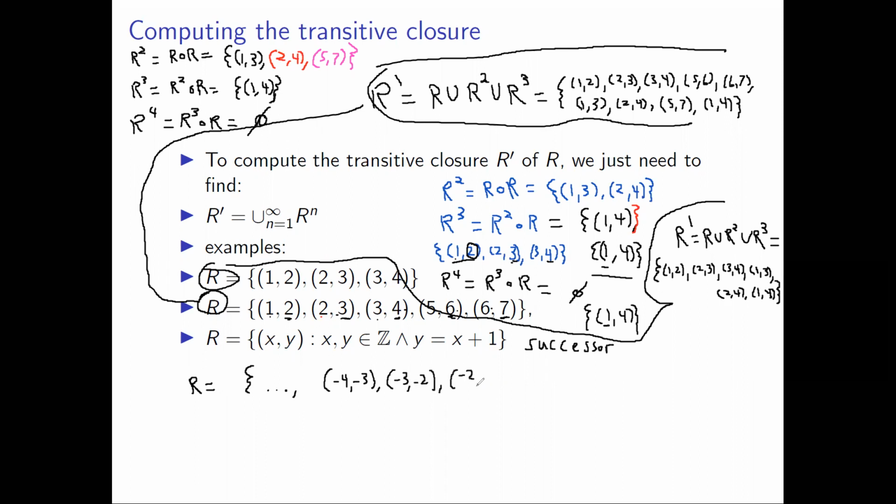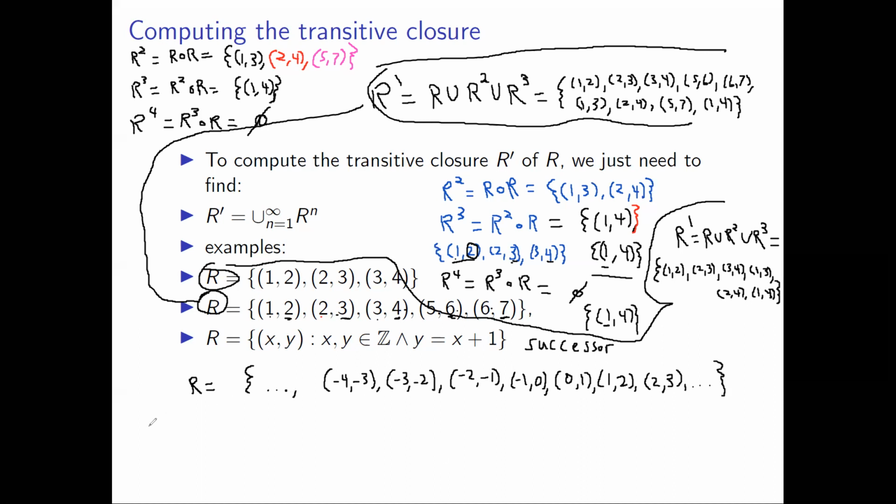We have -2, -1. We have -1, 0. We have 0 and 1. We have 1 and 2. We have 2 and 3, and so on. So we have all of these ordered pairs, x comma y, for which y equals x plus 1, and they're both integers. So we can order them like this, and that will give us all of them.